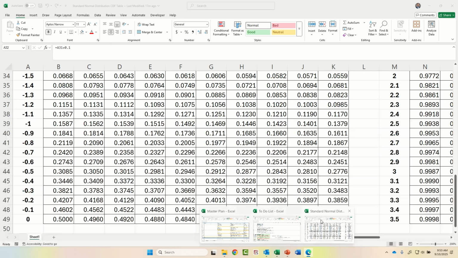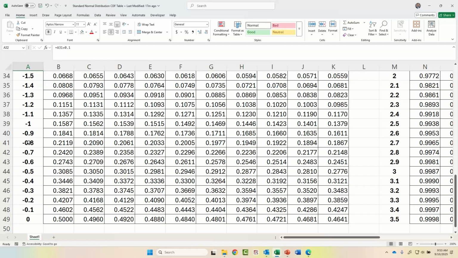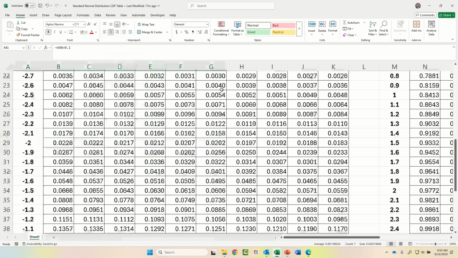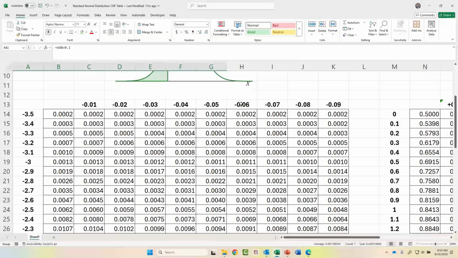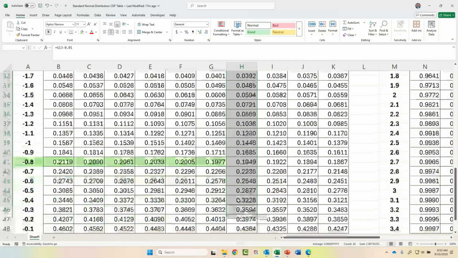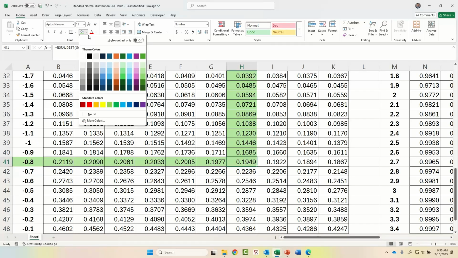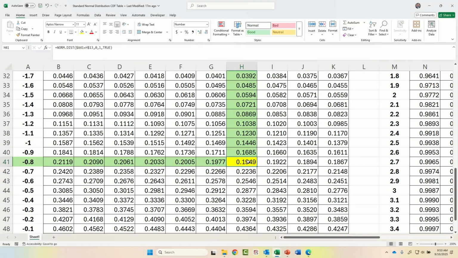And now I can use my lookup table. I'll find negative 0.8. And then I also need the negative 0.06, because that way negative 0.8 plus negative 0.06, when I add those together, I get the negative 0.86 z-score that I'm looking for.